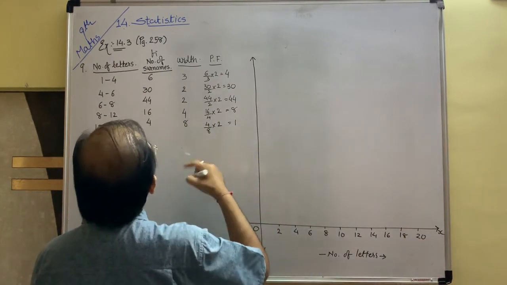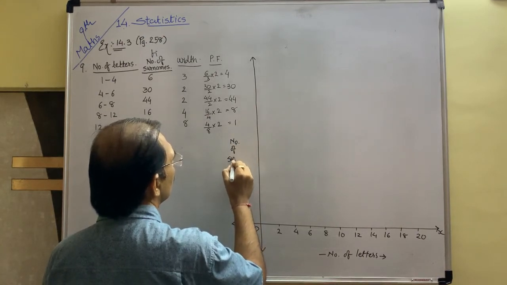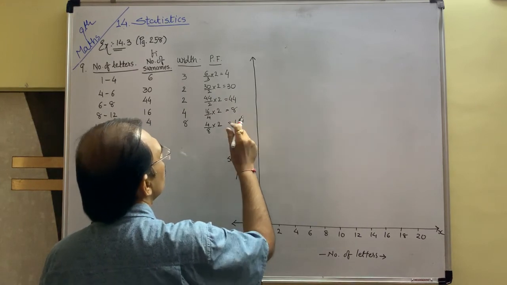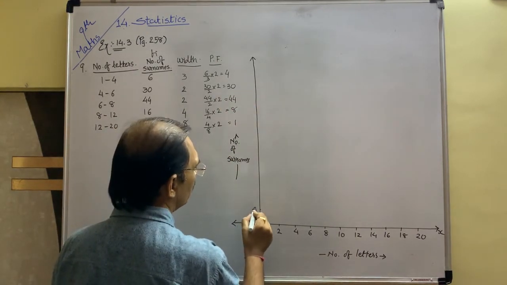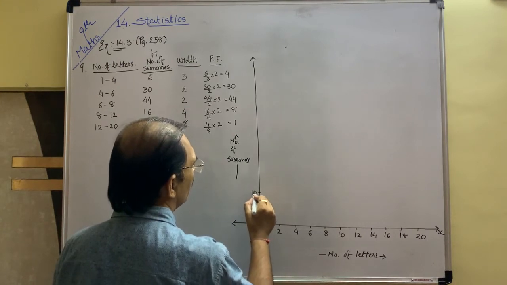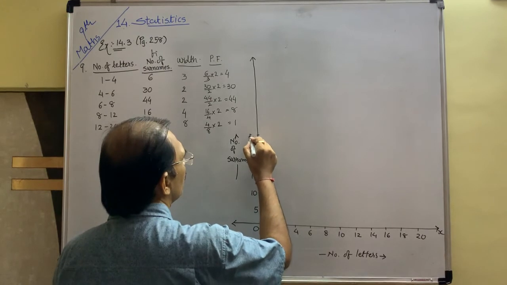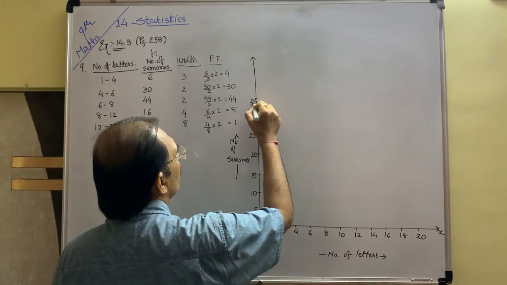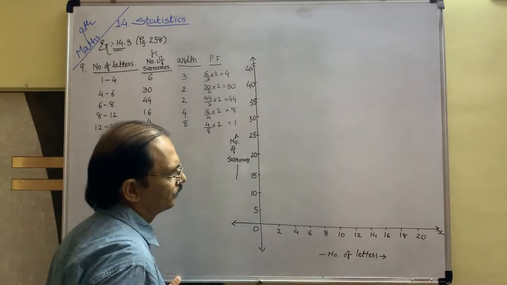And then number of surnames. Actually, you have to write the number of surnames here, but you have to take into account up to 44. So I write once again: 5, 10, 15, 20, 25, 30, 35, 40, 45.